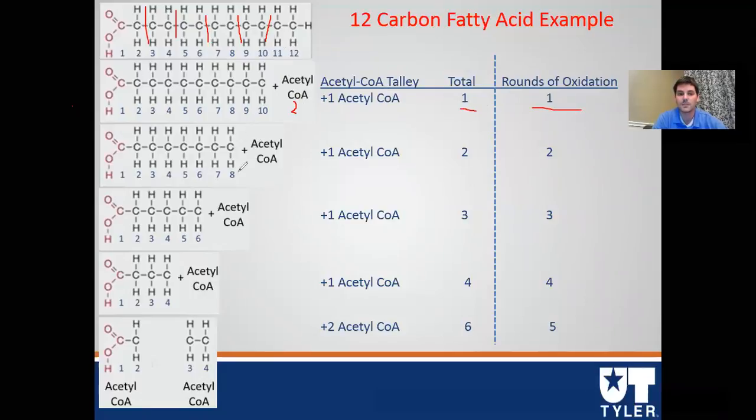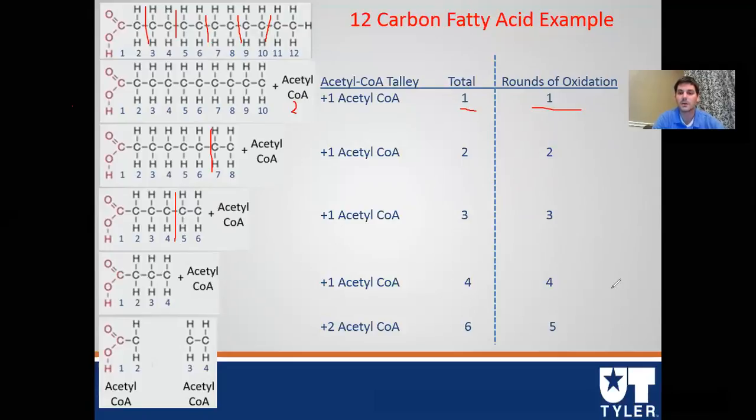We do that again. We chop off 2, so now we have 2 molecules of acetyl-CoA and our second round of beta oxidation. Next, we chop off from 8, we chop off these 2, and we go to a 6-carbon molecule, 3 acetyl-CoA now, third round of oxidation. As we continue, we chop off these 2 carbons. We're left with a 4 plus our acetyl-CoA molecule.